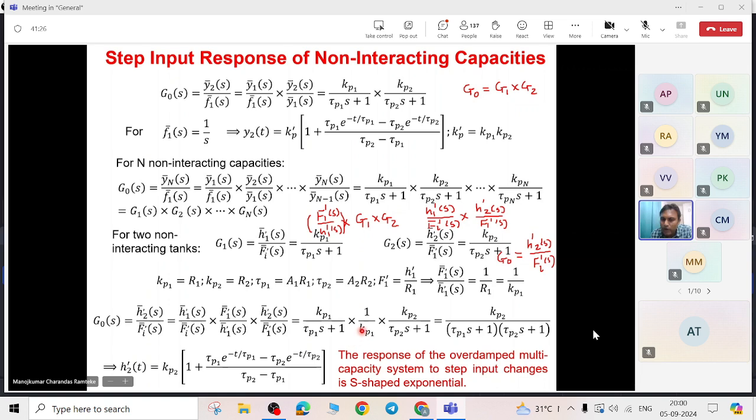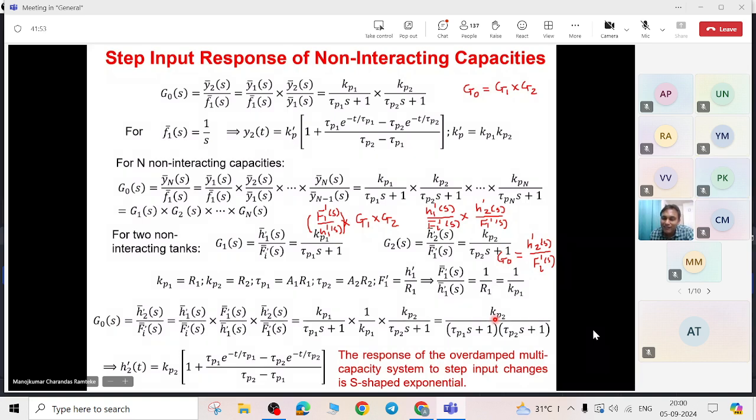So you can see that this KP1 will get cancelled out with this KP1, and ultimately what we are going to get is KP2 divided by tau p1 s plus 1 into tau p2 s plus 1. So here you can see that instead of having KP dash, the numerator is nothing but KP2, which is nothing but R2. Do you all agree?